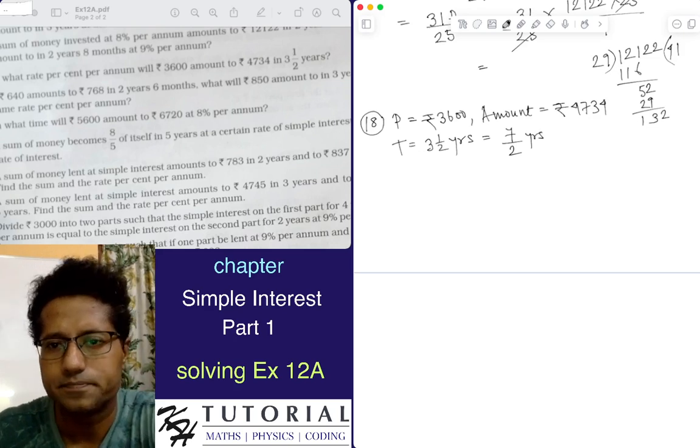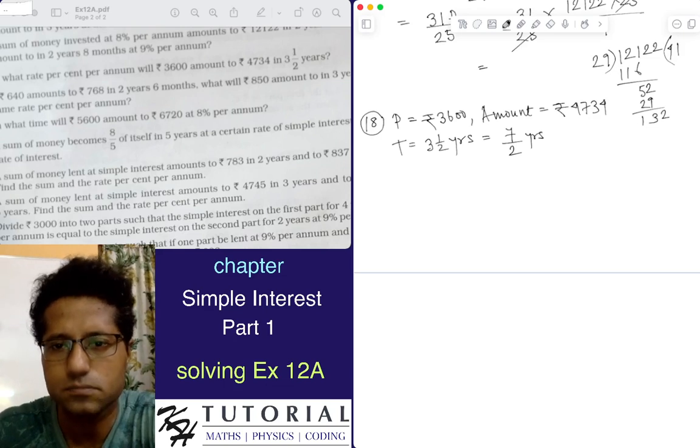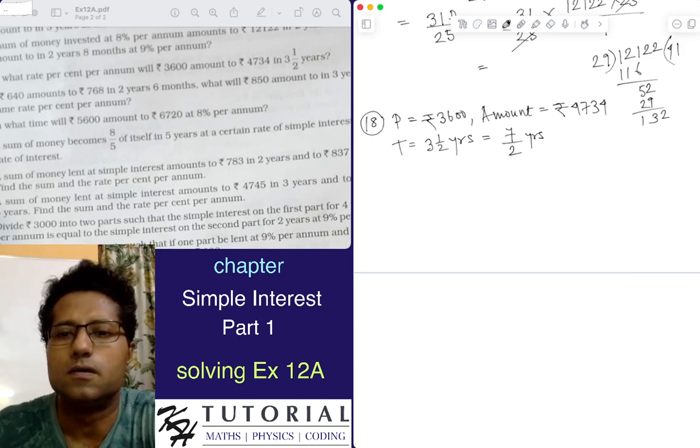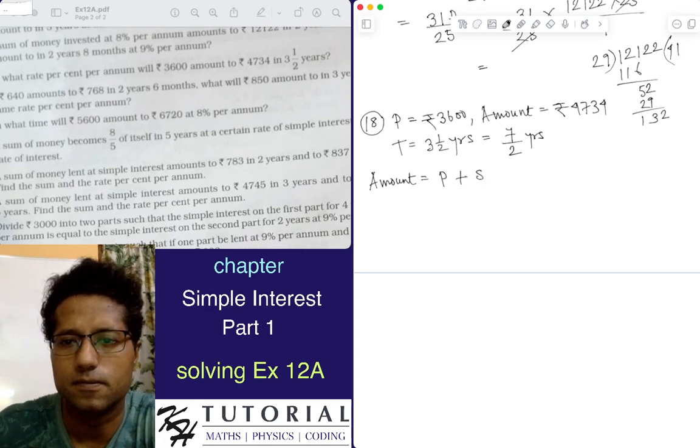Now we know that it is asking the rate percent. So amount equals, we know, P plus SI. So this is P, and what is SI?